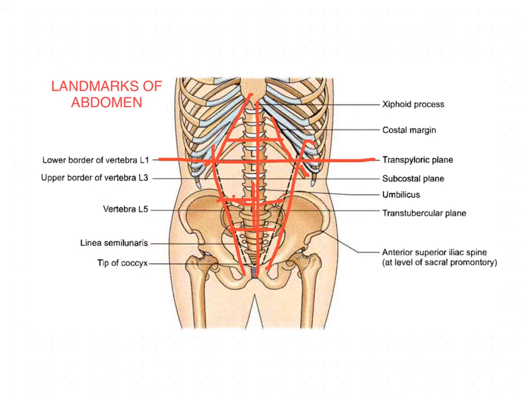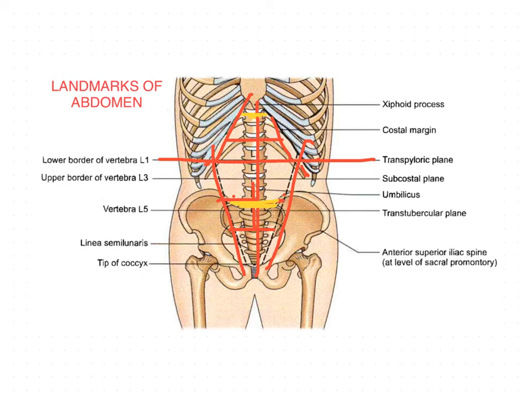Normally one tendinous intersection lies opposite the umbilicus. Another is opposite the free end of the xiphoid process.